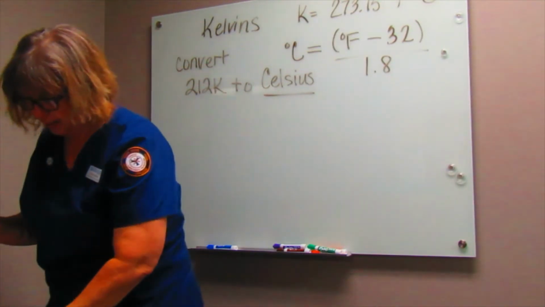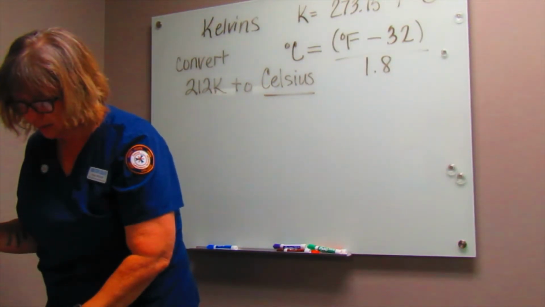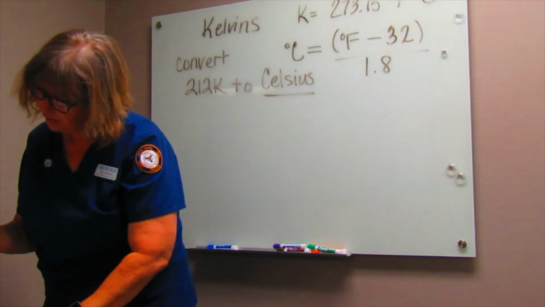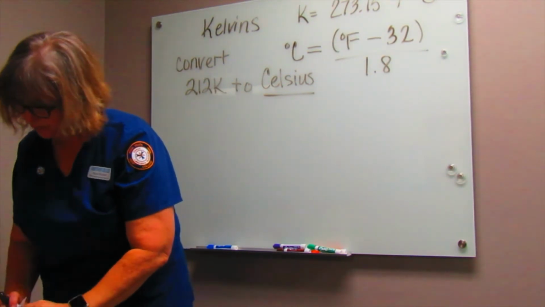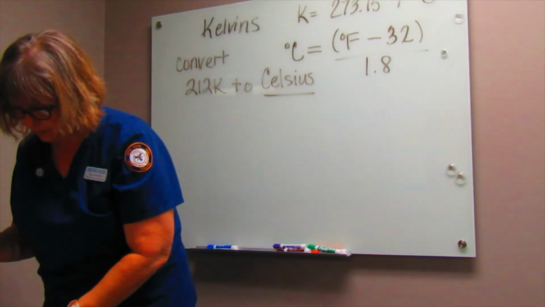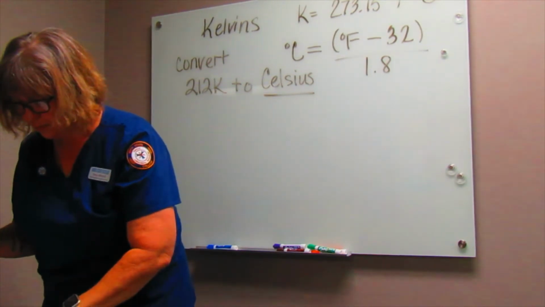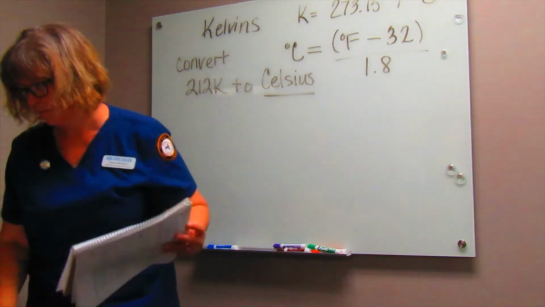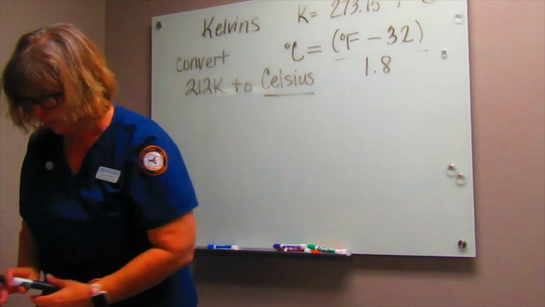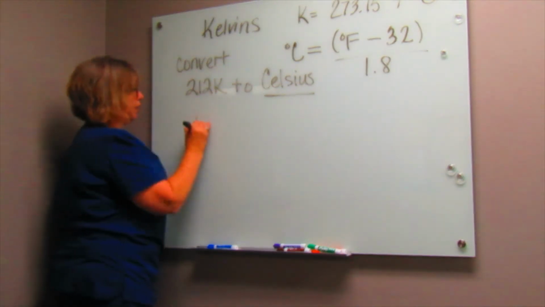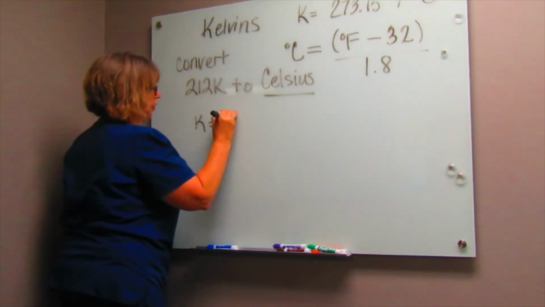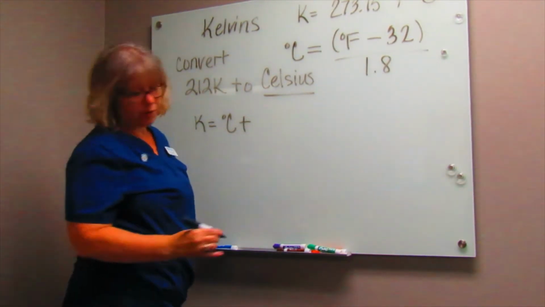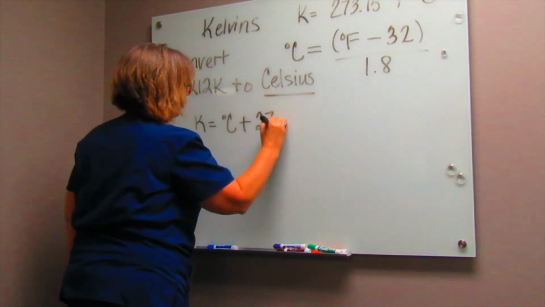Let me just grab my calculator. So our kelvins equals degrees Celsius plus 273.15.